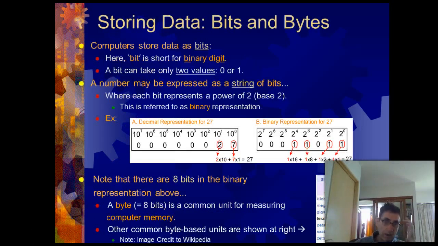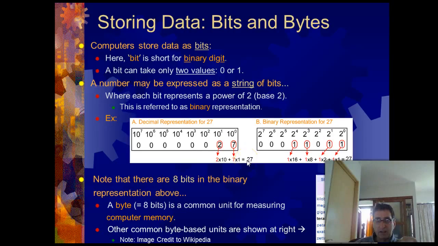Okay, so let's talk about how computers store data. If I write this number 27, everybody knows what that means, of course. And we can say that it means 2 times 10 plus 7 times 1, right? And if I wrote 527, we could say that equals 5 times 100 plus 2 times 10 plus 7 times 1.